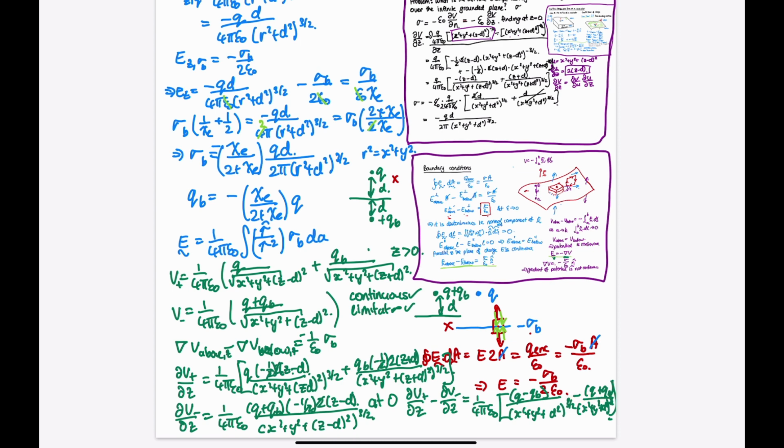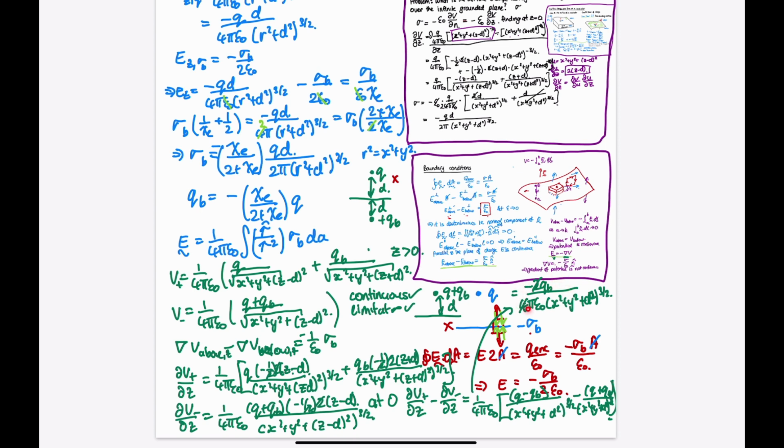And so this, where can I write it? Let's write it up here, is equal to minus 2qb divided by 4 pi epsilon naught, and then we've got x squared plus y squared plus d squared to the 3 on 2. So that 2 will cancel with that and leave a 2 pi epsilon naught.